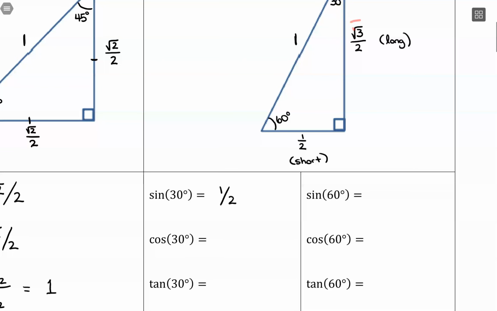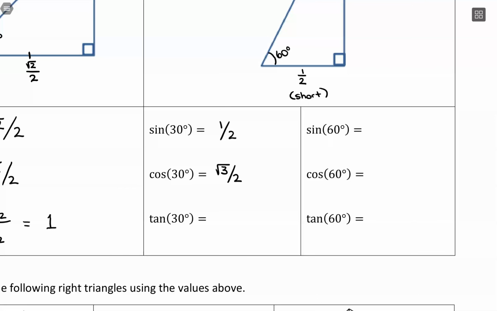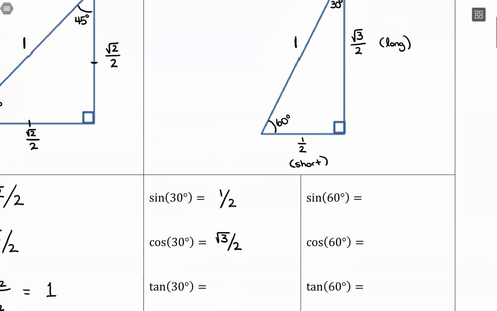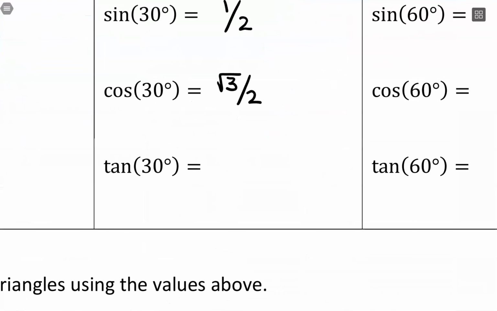Cosine is adjacent, that root 3 over 2, divided by 1, which is just root 3 over 2. And then tangent, we're going to take opposite, which is 1/2, divided by adjacent, which is root 3 over 2. So this is going to be 1/2 over root 3 over 2.